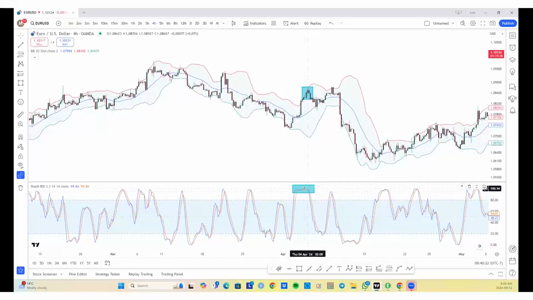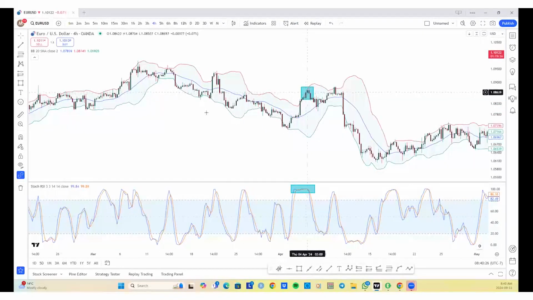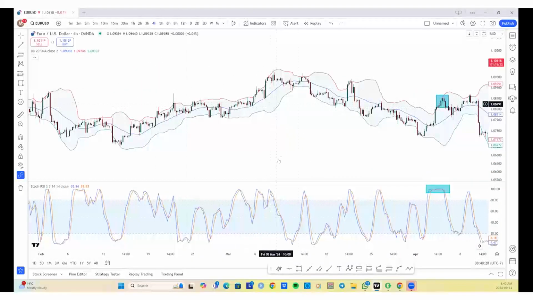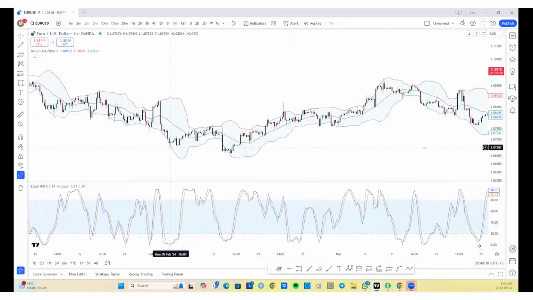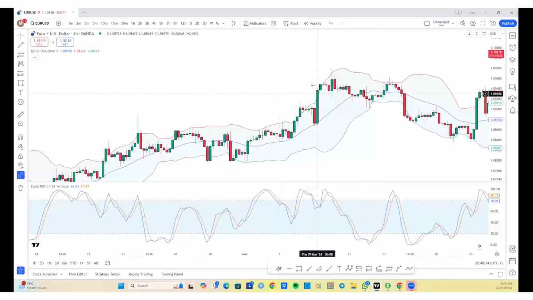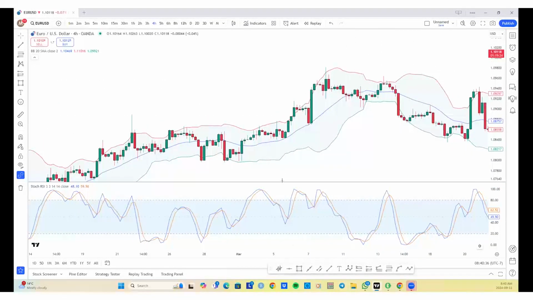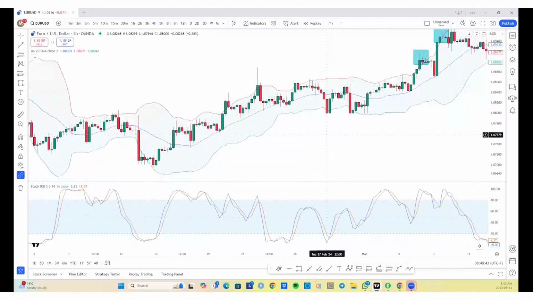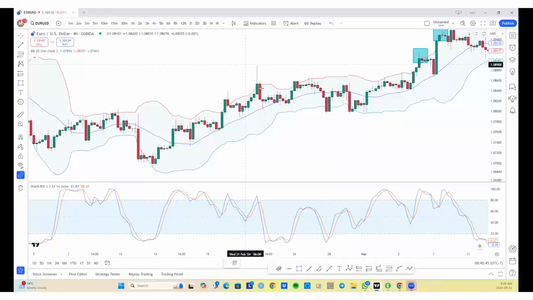I wouldn't personally prefer this, because if I want to trade Bollinger Band and stochastic RSI, I prefer to make sure there is a breakout from the Bollinger Band like this, and the breakout like this.